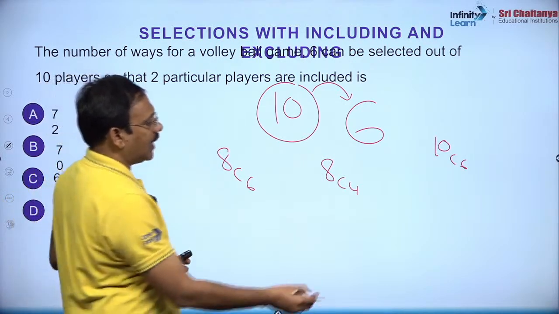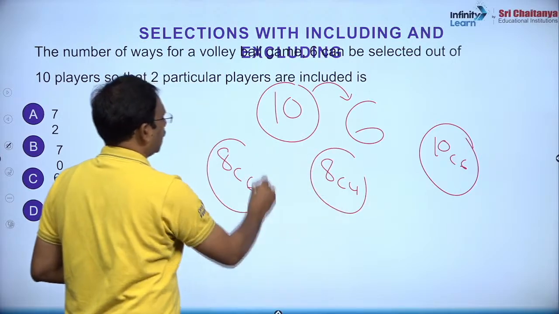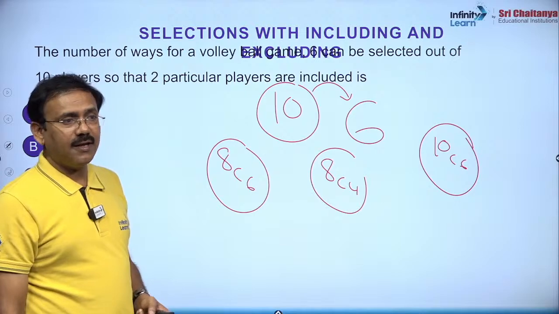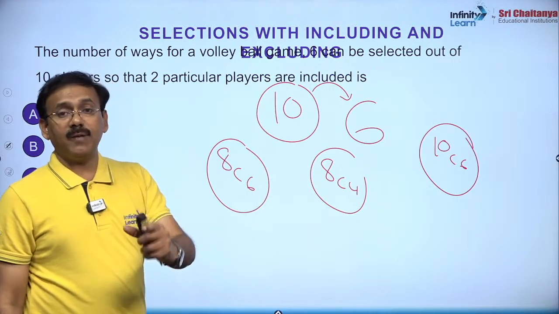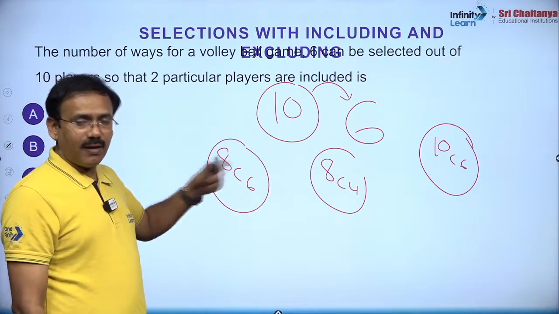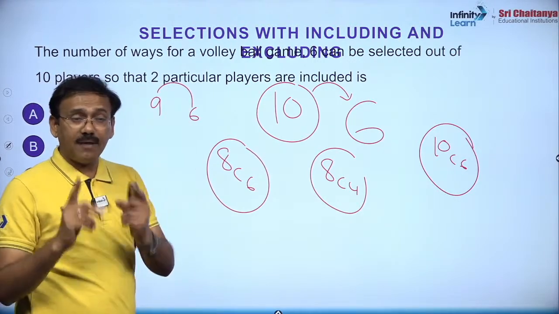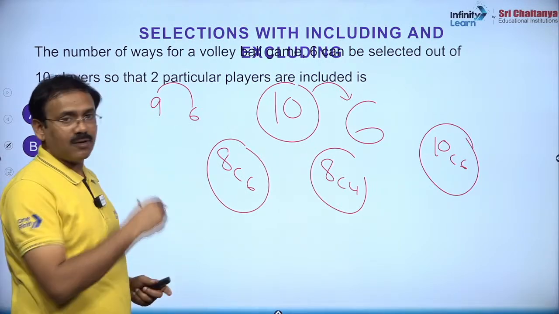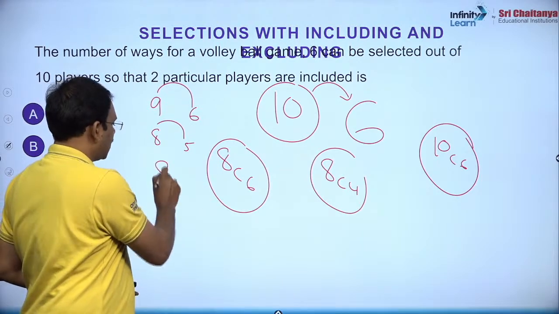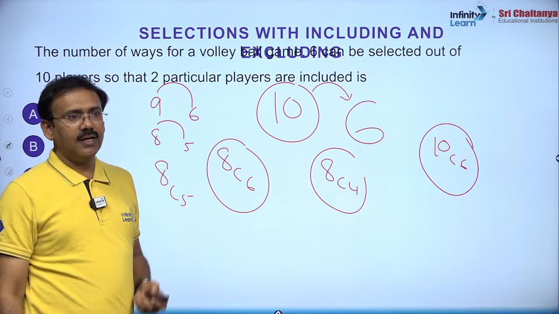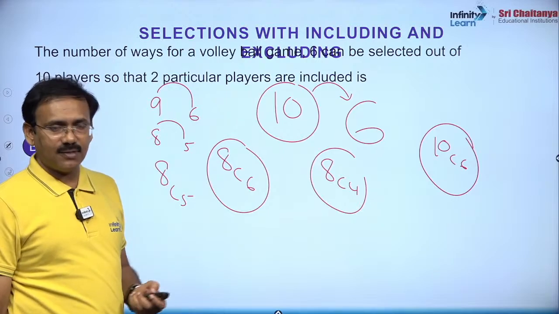So देखिए direct without any restriction selection, must include, must not include. अगर क्वेश्चन ऐसा भी हो सकता है कि एक particular player should not be included, one particular player will be included. जो include नहीं होना है उसे निकाल दो, तब हमारे पास 9 है, 9 से 6 सेलेक्ट करना पड़ेगा. एक प्लेयर को जरूर लेना पड़ेगा, वो पर्टिकुलर प्लेयर को ले लो तो रिमेनिंग 8 से हम 5 सेलेक्ट करना पड़ेगा. उस सिचुएशन में हमारा आंसर 8C5 होता है. ये देखिए पर्टिकुलर स्टूडेंट इज रिक्वायर्ड, नॉट रिक्वायर्ड, इसके बराबर हम सिलेक्शन आराम से कर सकते हैं.